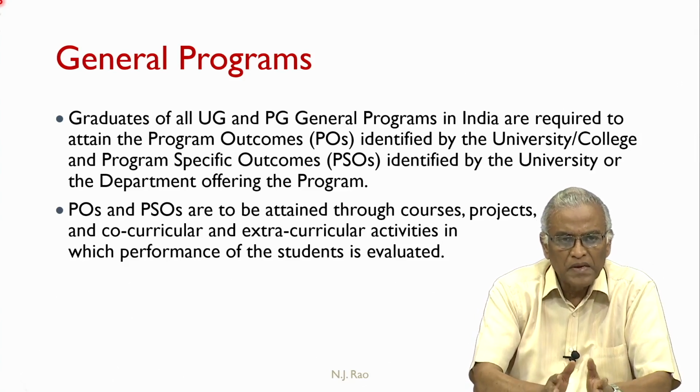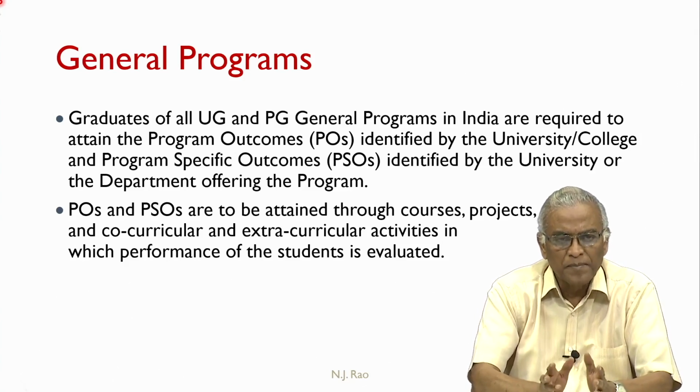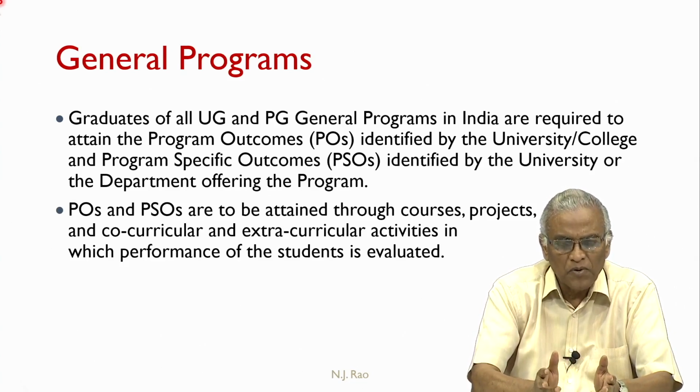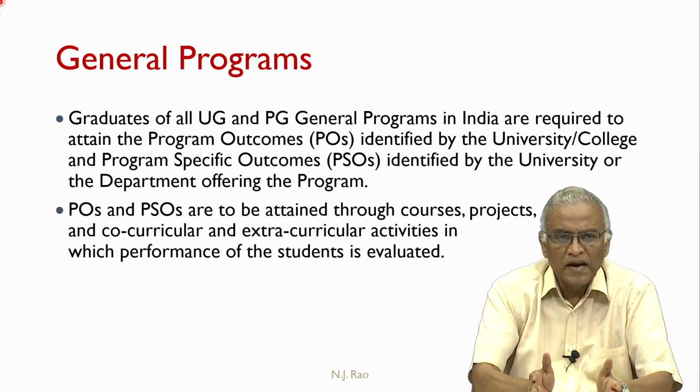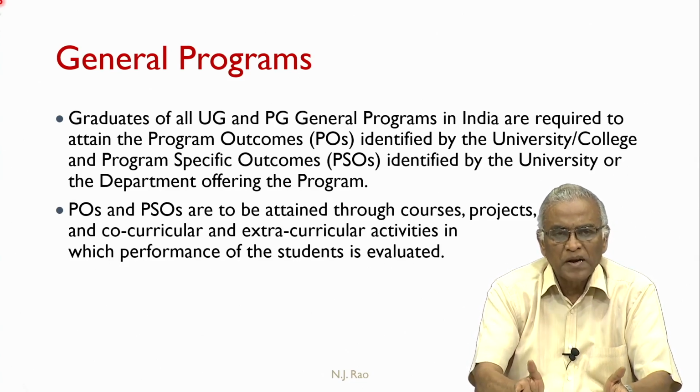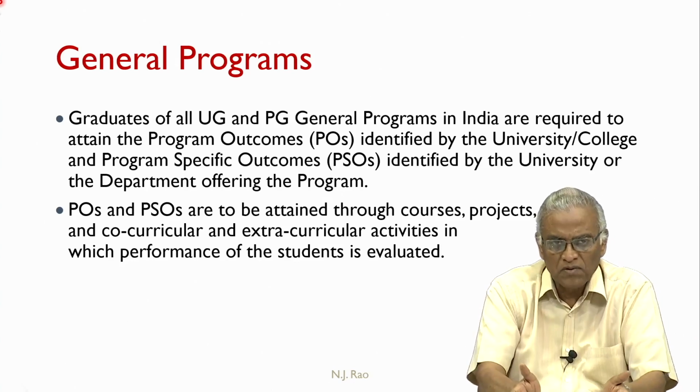For us, a BA in economics is a program, it is an entity. There are several courses in the program BA economics, but the program itself has very specified program outcomes and program specific outcomes.